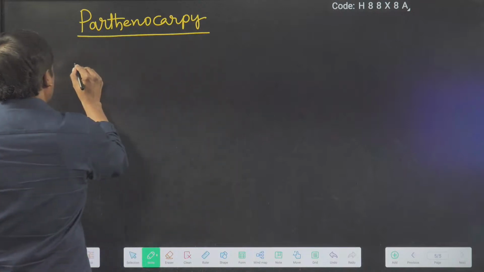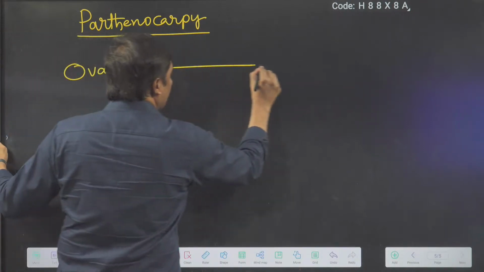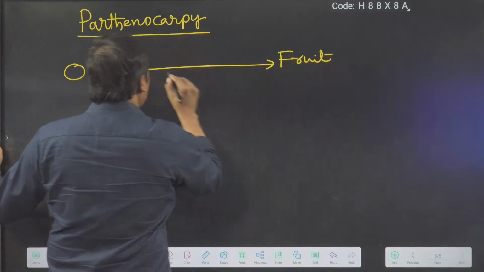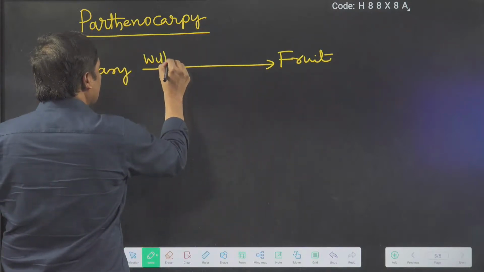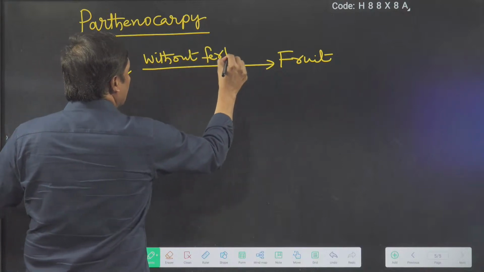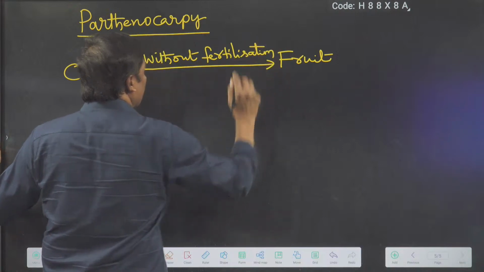Development of ovary into fruit without fertilization is known as parthenocarpy.